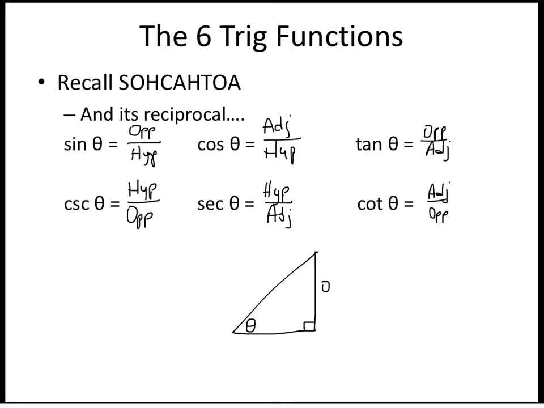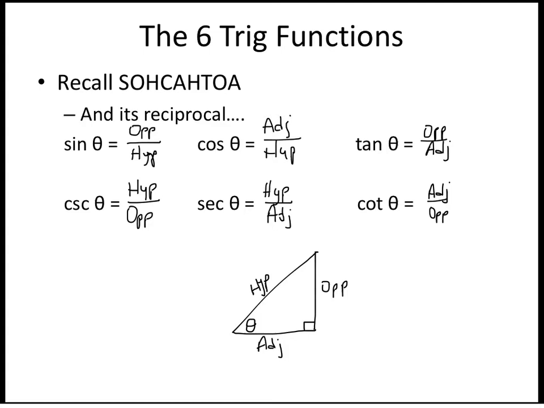The side opposite theta, or the side adjacent to theta, or the hypotenuse. Okay? So, last lesson we talked about sine of some angle being y, and cosine being x, and tangent being y divided by x, okay? So all of these are talking about the same thing, okay?